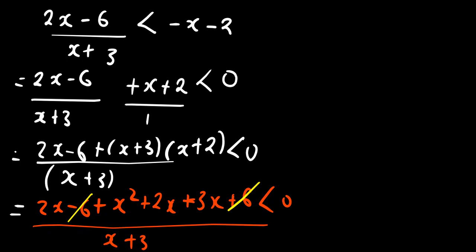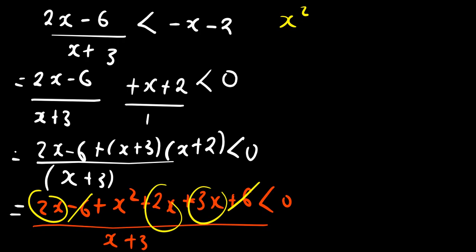Okay, let's see what we have. So we have an expression. Allow me to write it on top. We have 2x and 2x there, those ones can add. So we have x squared, because it's alone, plus 2x plus 2x plus 3x.